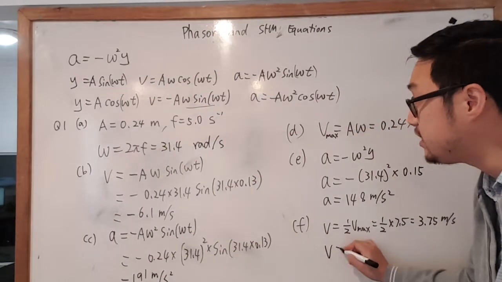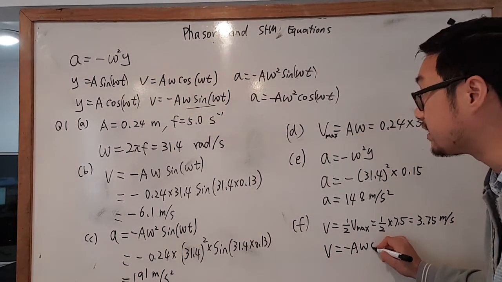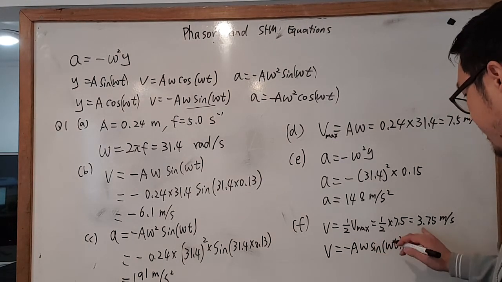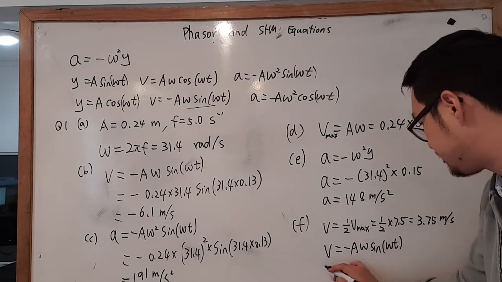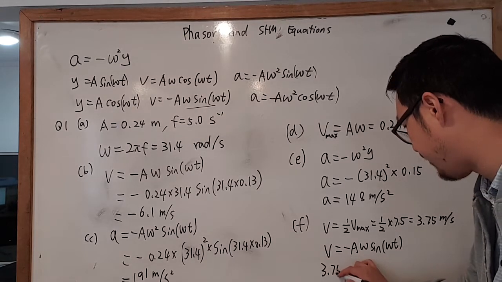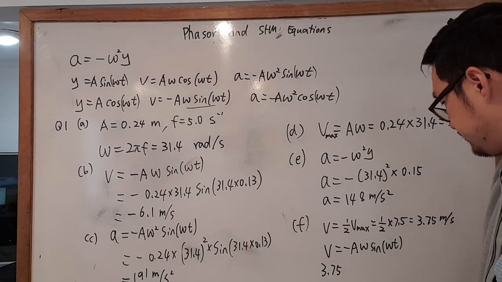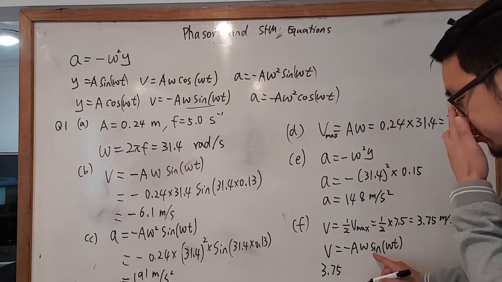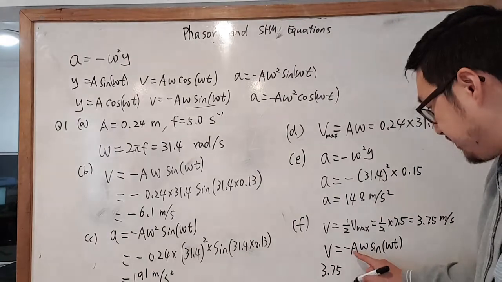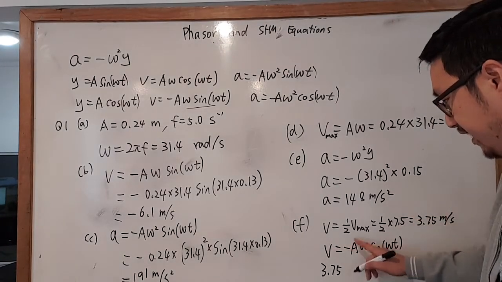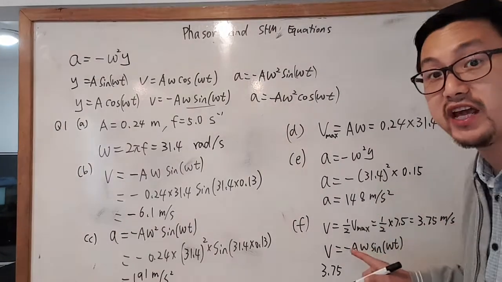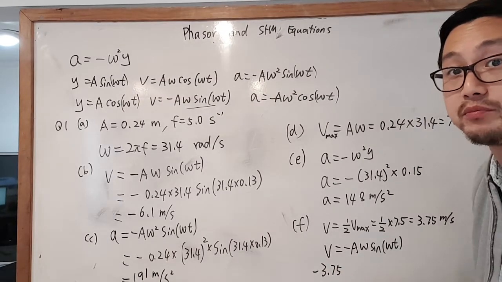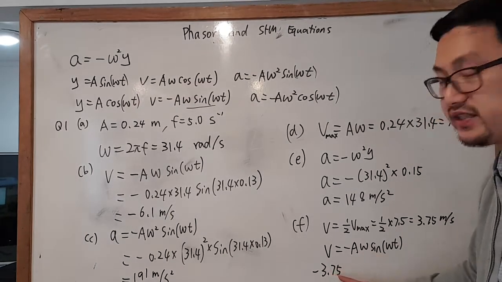So v equals negative A omega sine omega t. The speed over here is 3.75. Because the speed starts going negative, and sine goes up, with this negative sign it's going downward. So we can just ignore that negative, because a negative 3.75 is a speed of 3.75 as well.